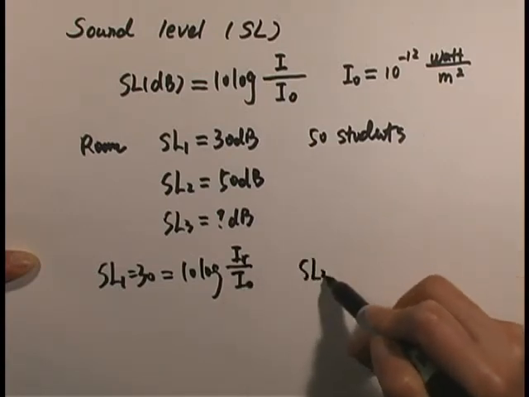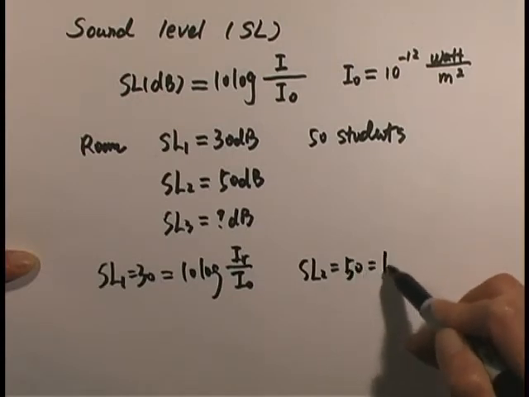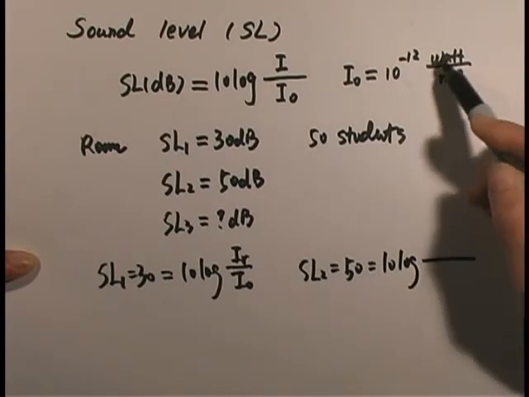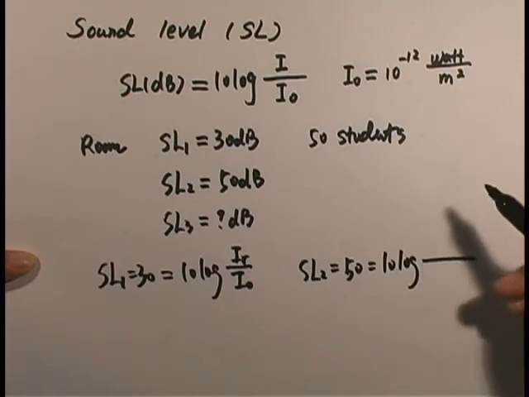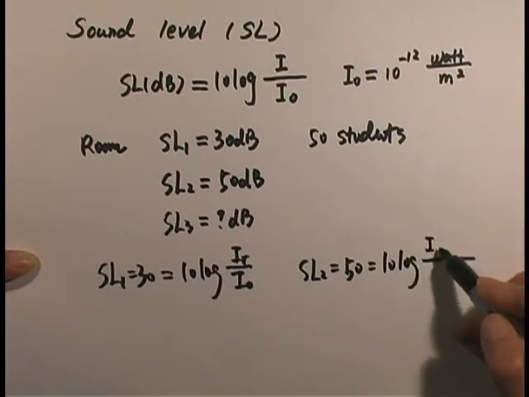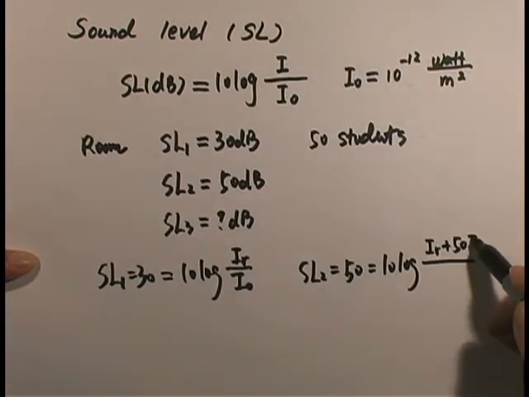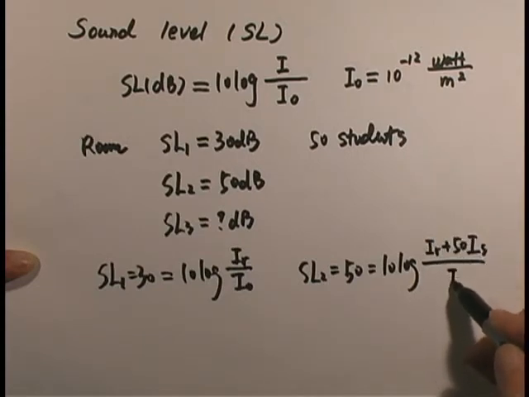Now SL2, as a matter of fact, is 50 decibels, which comes from, now remember, intensity is how many watts per meter squared, so it should add linearly. So that is the room intensity plus 50 identical students, each of them I of S. That is the total intensity which produces that 50 decibels.